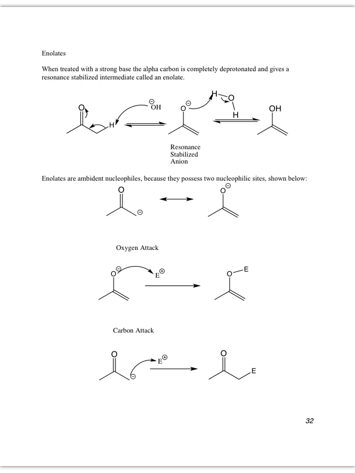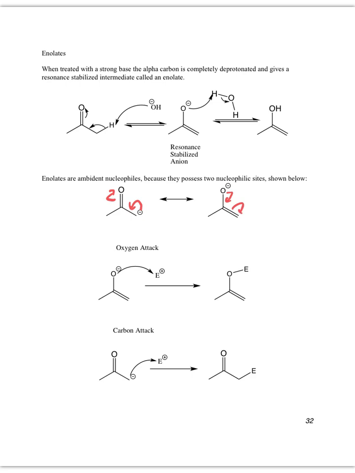It has two sites that it can act as a nucleophile from, either the alpha carbon or the oxygen, and depending on what we add to it, we can add something to either of those sites. It's just a resonance structure apart, where we can send the electrons up onto the oxygen, or send them down from the oxygen to the alpha carbon and go back and forth.